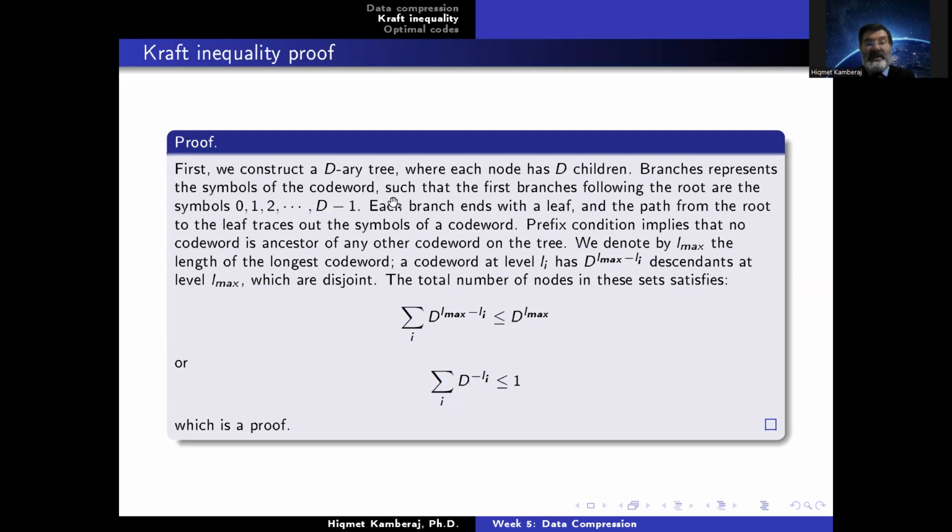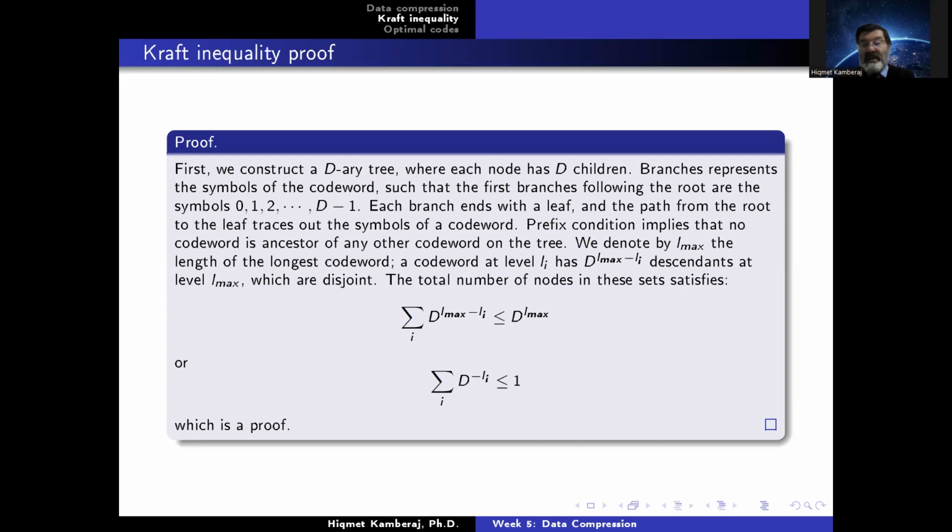First, we constructed the D-ary tree, as we showed on the previous slide, where each node has D children. Branches represent the symbols of the code word, such that the first branches following the root are the symbols 0, 1, 2, up to D minus 1. Each branch ends with a leaf, and the path from the root to the leaf traces out the symbols of a code word.